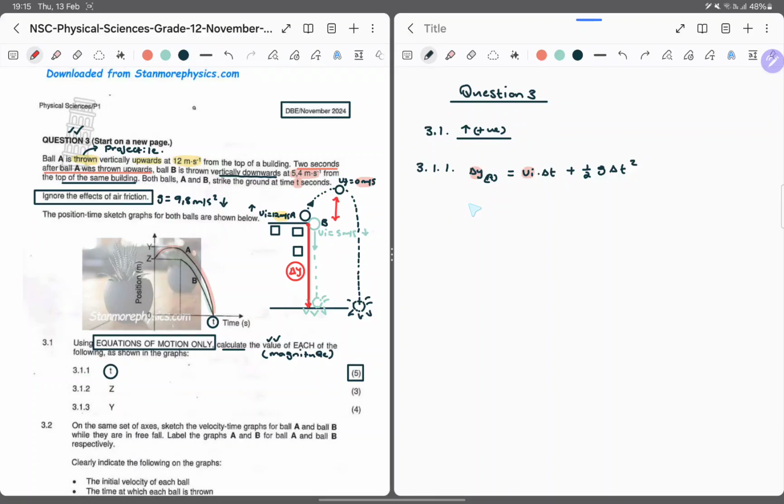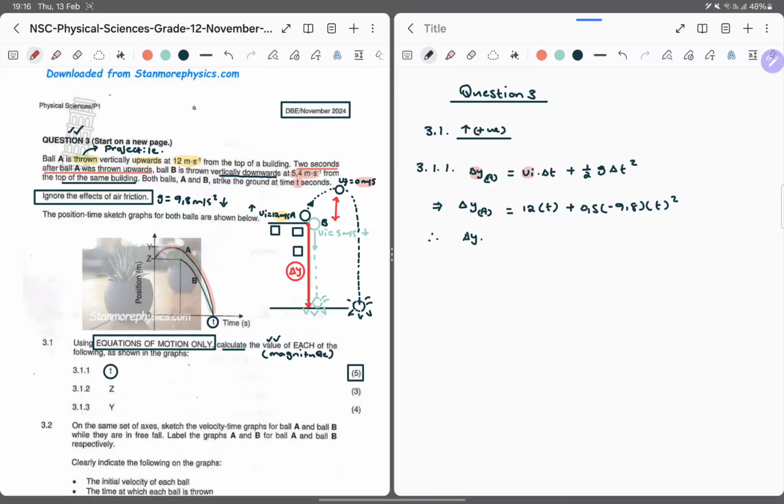Now let's continue simplifying using our mathematical gymnastics. Delta y for A is essentially, we chose up as positive, so this is 12 times T plus 0.5 times minus 9.8 times T all squared.